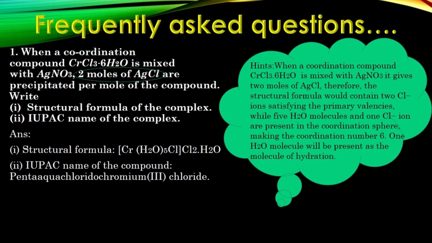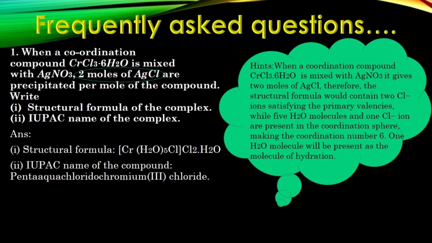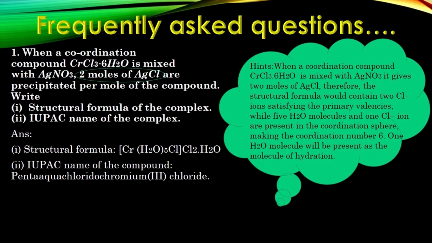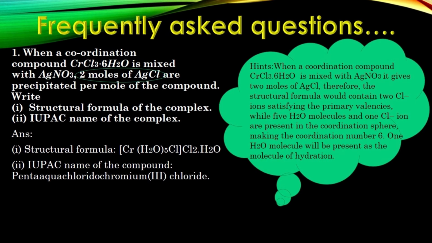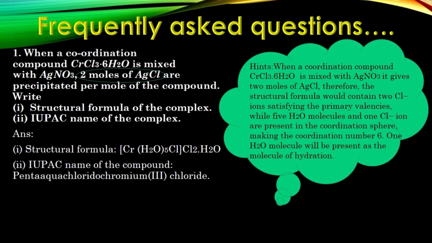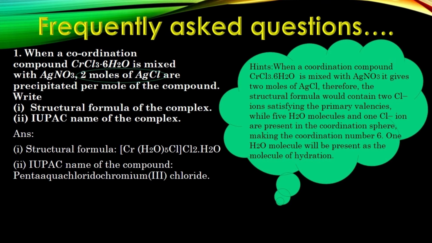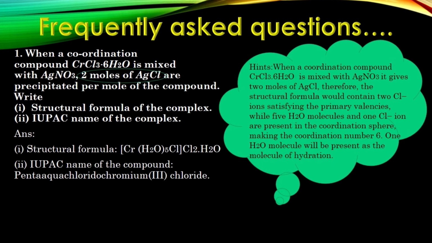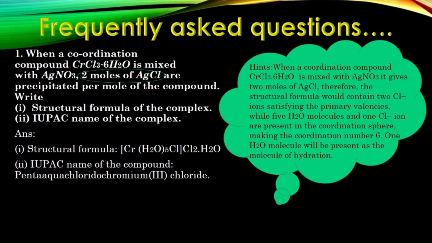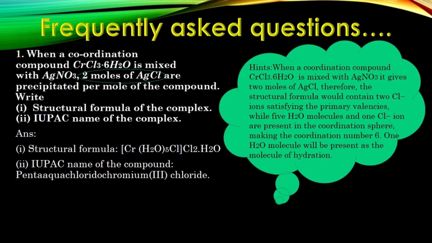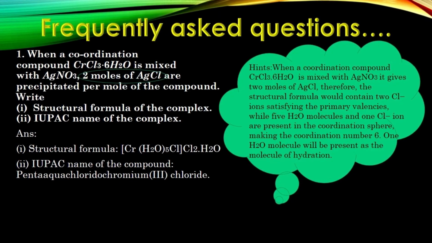So inside the coordination sphere, you will write the central metal atom chromium and 5 ligands. So you will have 5 H2O molecules and 1 chloride ion inside the square bracket. Then outside the square bracket, you will write 2 chloride ions and 1 H2O molecule. And we know to name this compound according to IUPAC nomenclature.